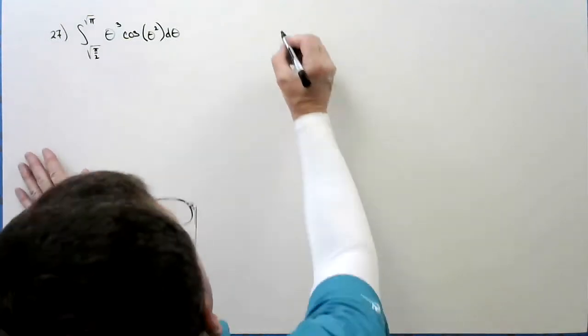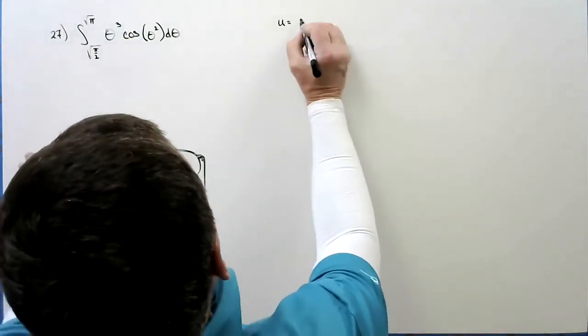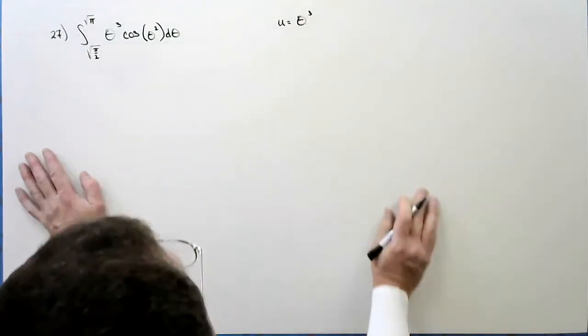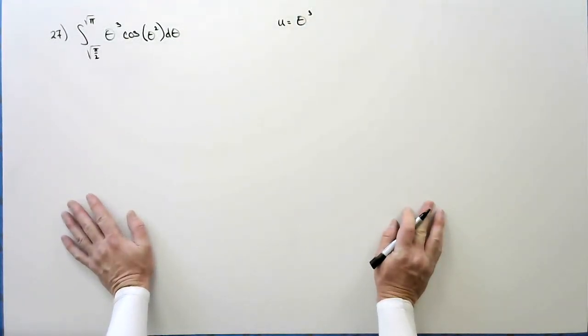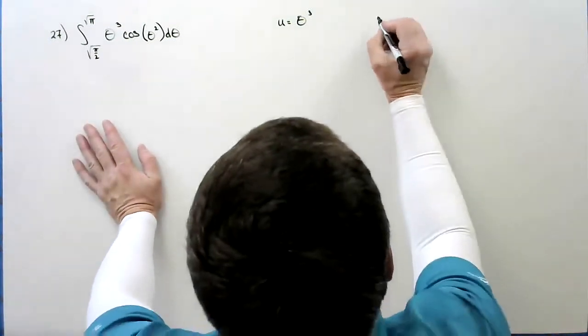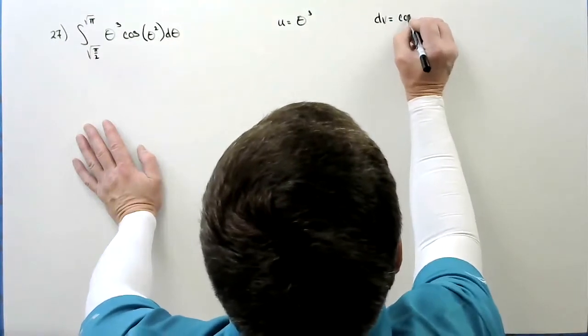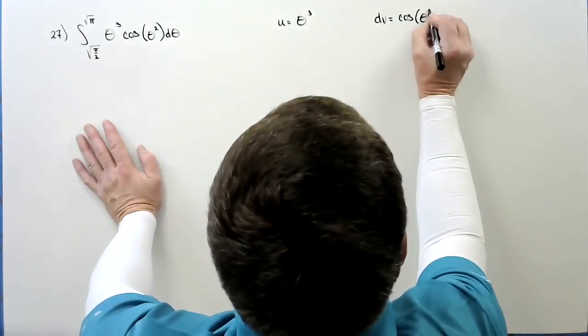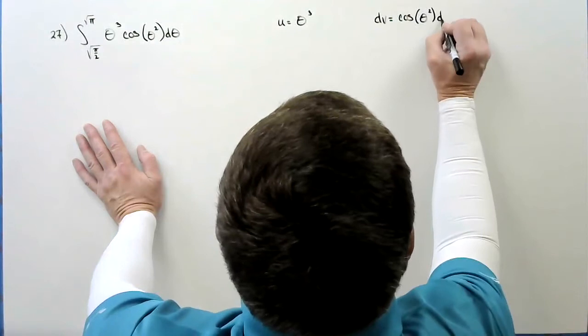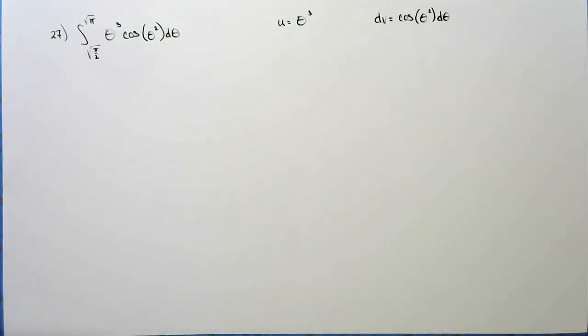So if we just approach it like we've approached every other problem, right? We have theta cubed there for u, and then for dv, we're going to write cosine theta squared d theta.